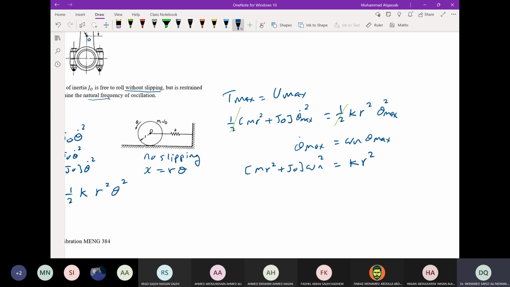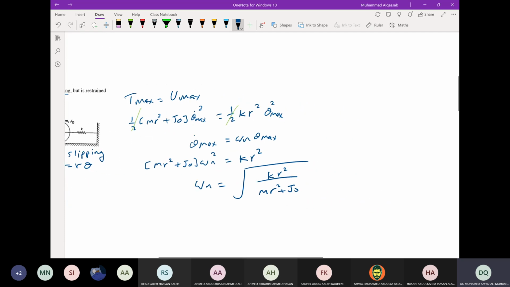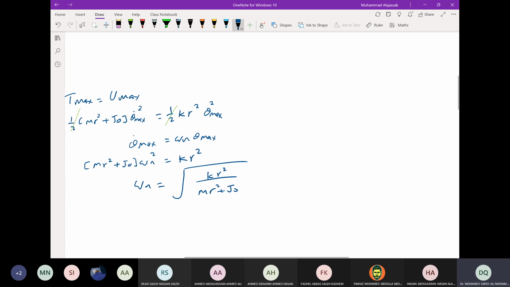Because when you substitute theta dot maximum equal to omega n theta maximum, theta maximum will cancel out, and you have only omega n squared. Therefore, omega n is equal to the square root of k r squared divided by m r squared plus Jo. This is the energy method approach, and you can see this is more straightforward.